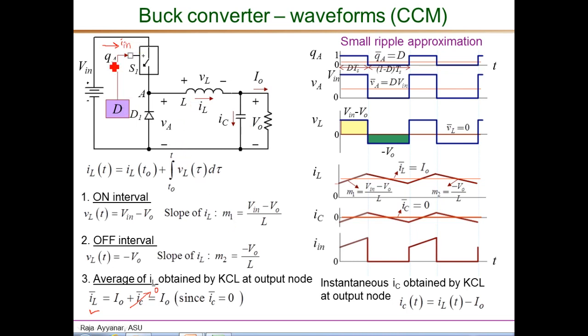So IN is exactly same as the inductor current when the switch is on, because the diode is off at that interval. And when the switch is off, that is during this 1 minus d times Ts period, you can see that there is no current drawn from the input source. So therefore IN during the off interval is 0 as shown here. So it's same as inductor current during the on interval, and it is 0 during the off interval.